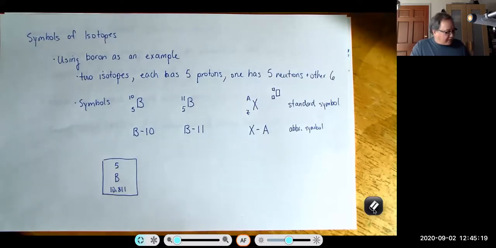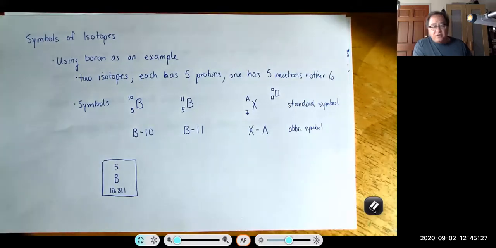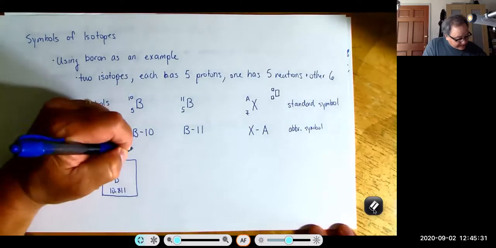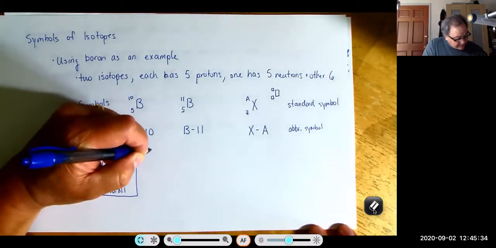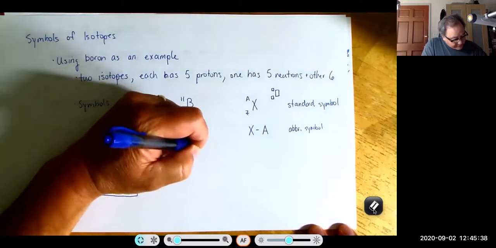Okay, so if we look at this, which of these isotopes is more abundant, B10 or B11? Well, here's how you do it. The mass of B10 is 10 AMU. The mass of B11 is 11 AMU.